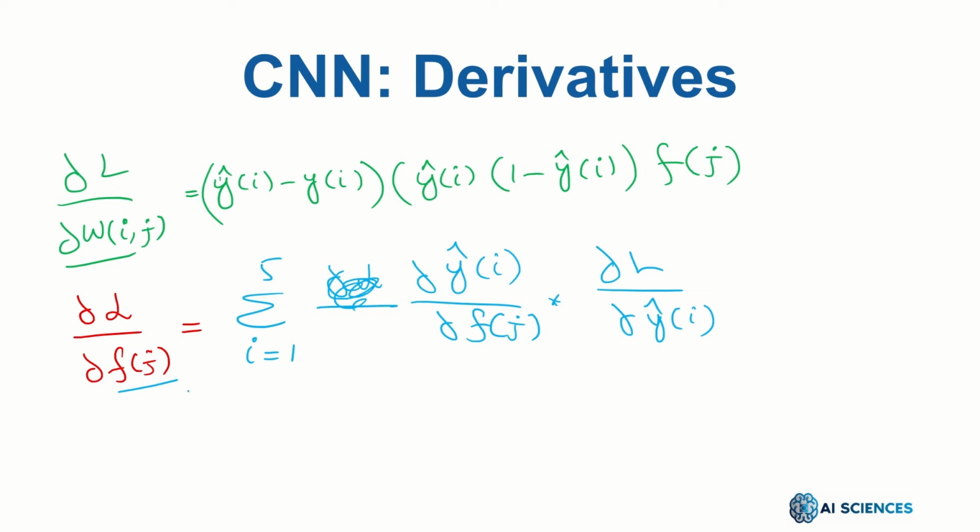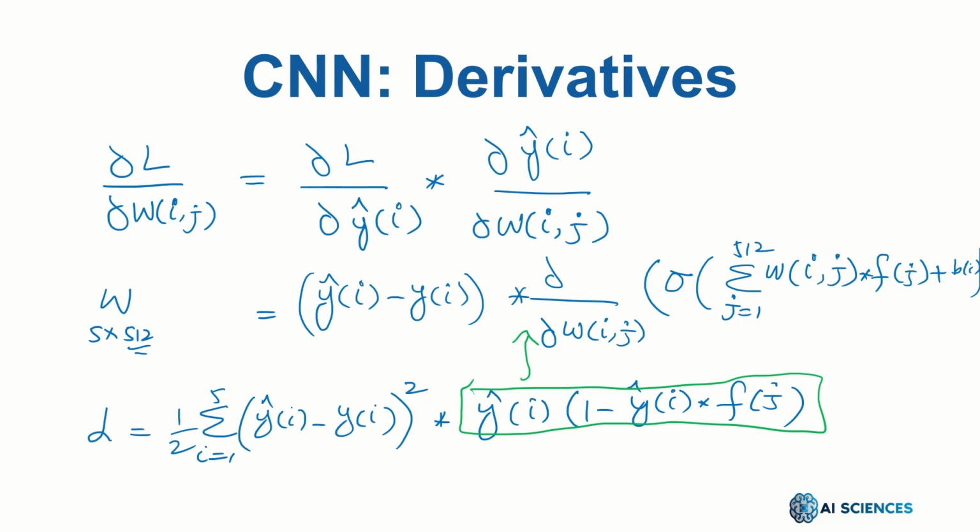So if you just focus on it with respect to fj, this again turns out to be the same kind of thing as you see in the previous case. The differentiation of this with respect to fj pulls this thing out.